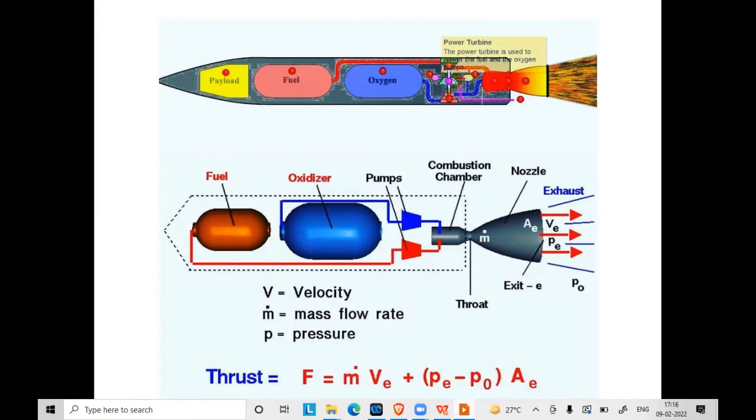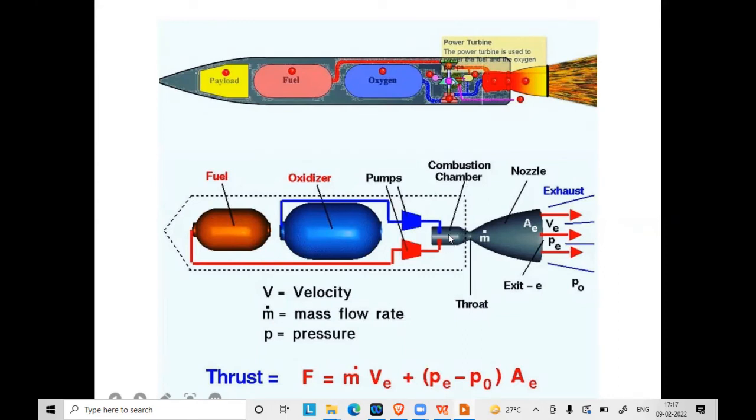So the rocket requires a fuel, and that fuel has to be burnt. There has to be a combustion of fuel. To have that combustion, you need an oxidizer. So inside a rocket, you have a controlled mechanism which mixes fuel with the oxidizer, and then a controlled combustion takes place.